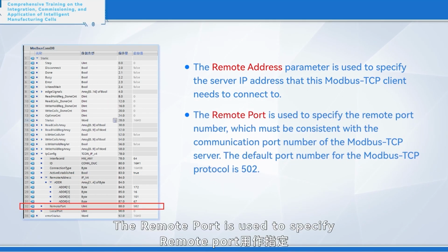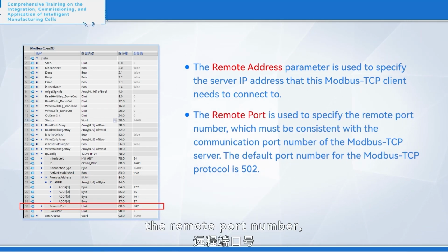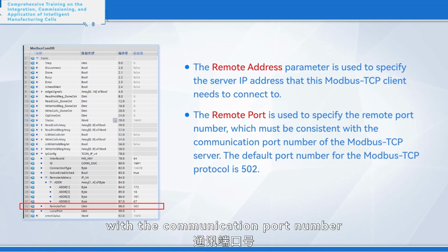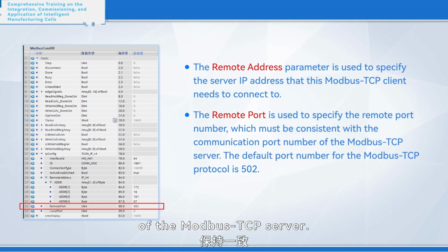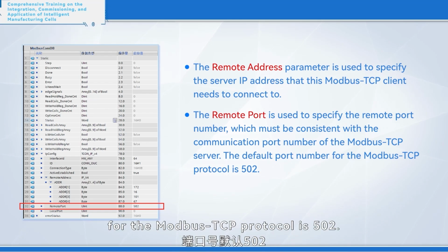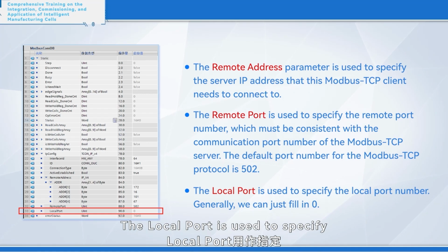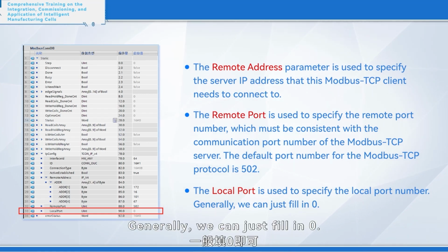The remote port is used to specify the remote port number, which must be consistent with the communication port number of the Modbus TCP server. The default port number for the Modbus TCP protocol is 502. The local port is used to specify the local port number. Generally, we can just fill in 0.